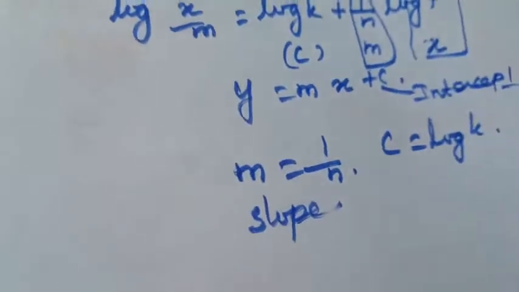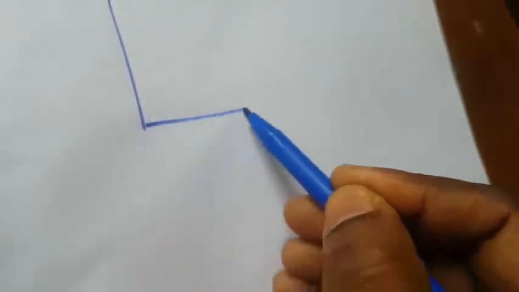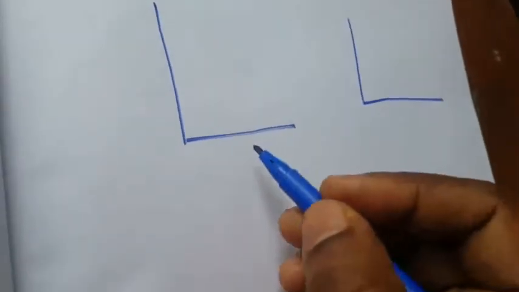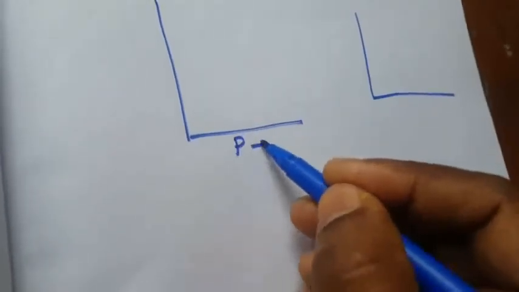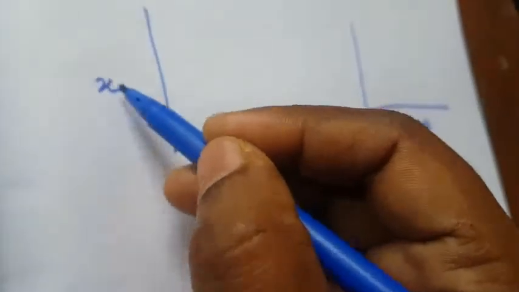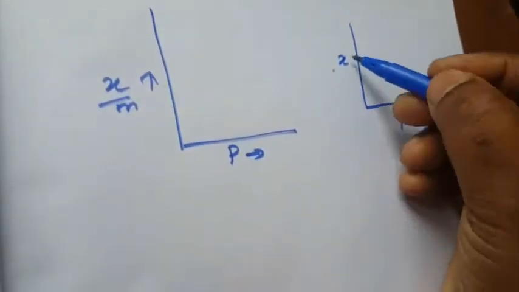This can also be explained using the adsorption graph. So how to draw this graph again? That is the physical adsorption plot against the pressure. Here, with the same equation, two graphs are there. Here the pressure, and here also pressure, right? So here x by m also increases, and here log x by m.